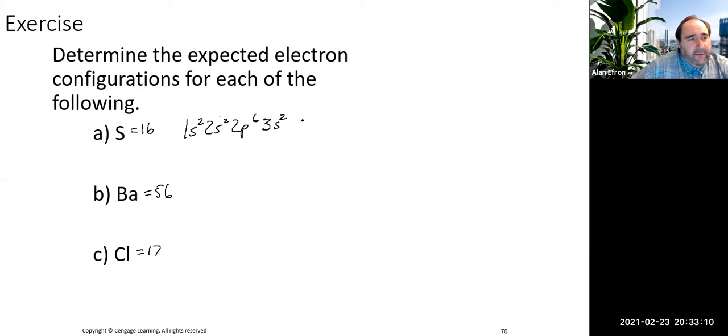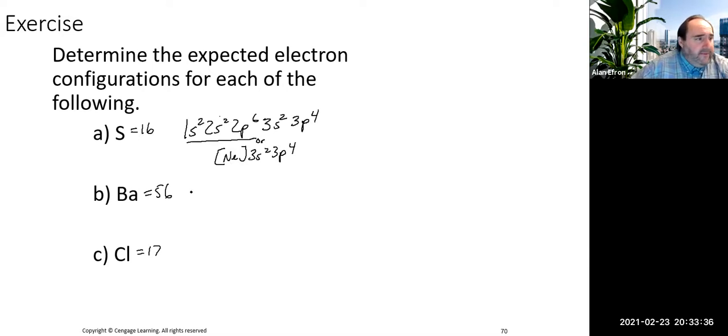So that would be 3p4. Again, if you want to do the noble gas configuration, we would back it up to the noble gas that comes before it, which would be this 10 right here. So then we would have neon, 3s2, 3p4 in that case. Any question on that particular one?